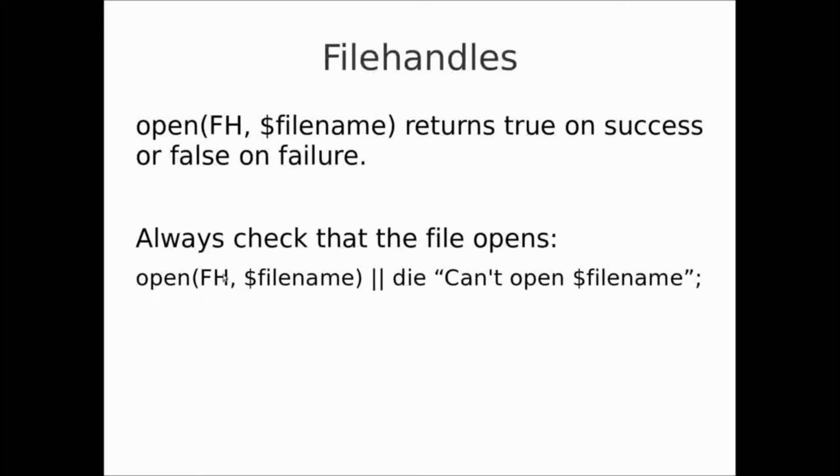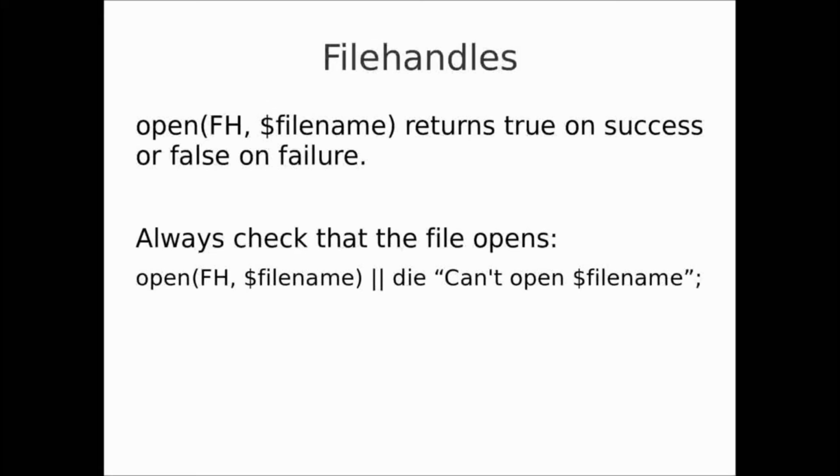We open the file handle for a file name, and if that's not true, we die with the command can't open file name. Die means stop right now. It doesn't mean finish what you're doing and then gracefully exit. It means get out of there. And so Perl will get to this point. If it can't open this file, it dies immediately and says, I can't open that file. I don't know how to proceed.